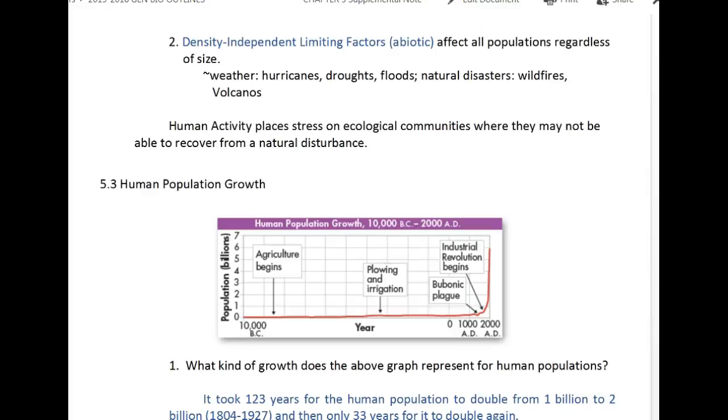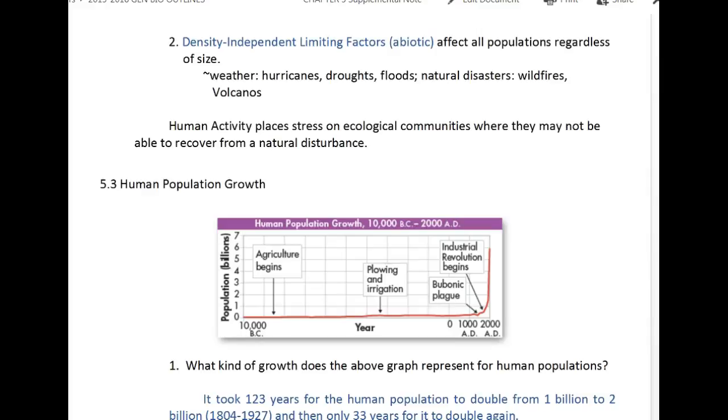We used the example of predator-prey relationships, which is the easiest and most common. If there's not enough prey, there will be smaller numbers of predators. And if there are too many predators, that limits the prey. So it was living things that determined whether the organisms were going to be abundant or not.